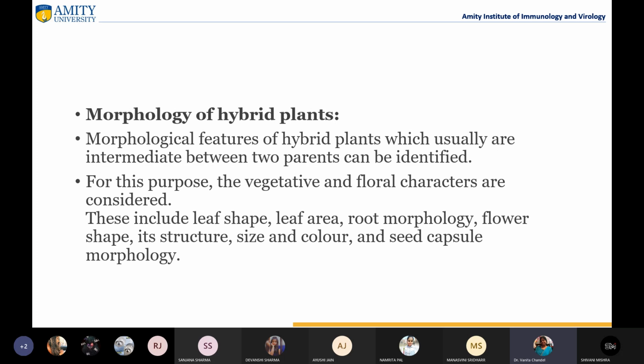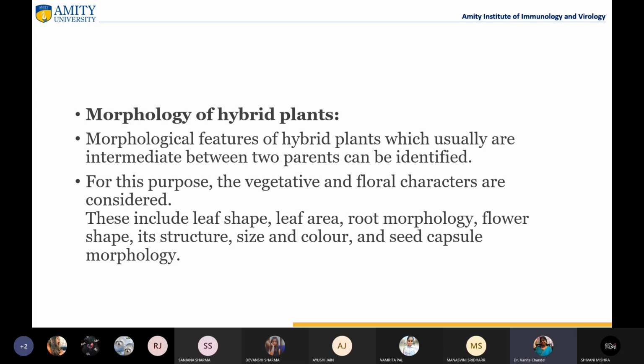So morphological features of hybrid plants, which are usually intermediate between two parents, can be identified. For example, the vegetative and floral characters we'll consider, right? So such as what kind of roots are there, what kind of leaf is there, what is the shape of the leaf, what kind of flower is there, what is the shape of the flowers, color, seed capsule.